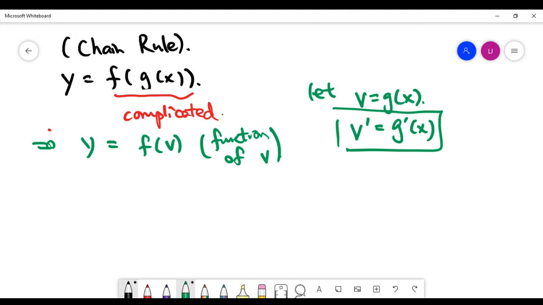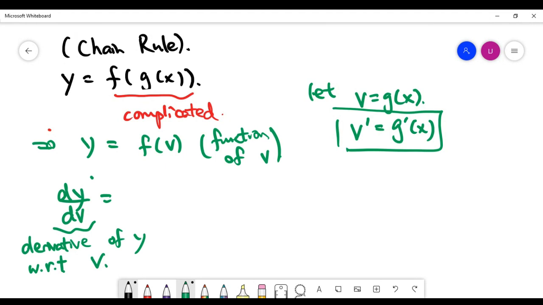I have to be very careful about the notation here, dy dv. If you have not seen this notation before, it means the derivative of y with respect to v. That's what I mean by dy dv. And of course, it's the same as f prime of v.